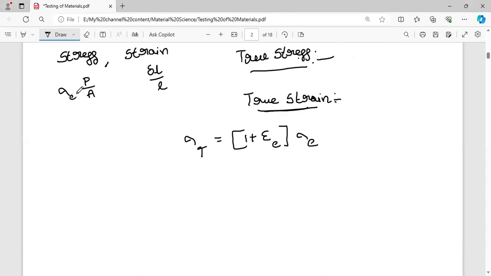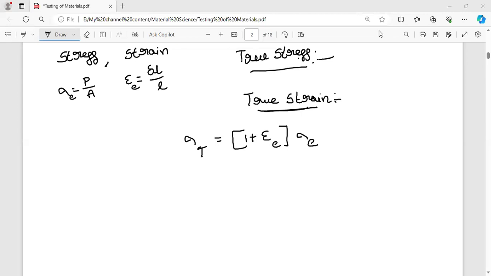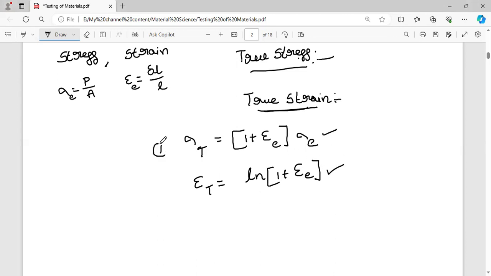It is sigma E and small e. So this is the true stress. Next, coming to the true strain: true strain equals ln, the logarithmic function, of 1 plus engineering strain. So these are two important relations, true stress and true strain.